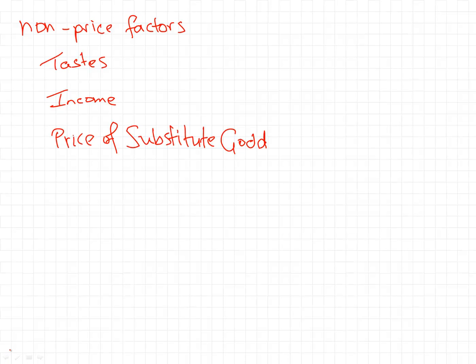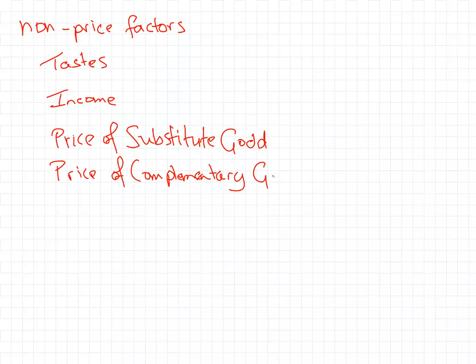People might buy pears instead of apples. And then the other one is price of complementary goods. And a complementary good is a good or service that you buy along with the good that you're talking about. So for instance, if you buy a printer, you might buy printer ink. Printer ink is a complementary good.